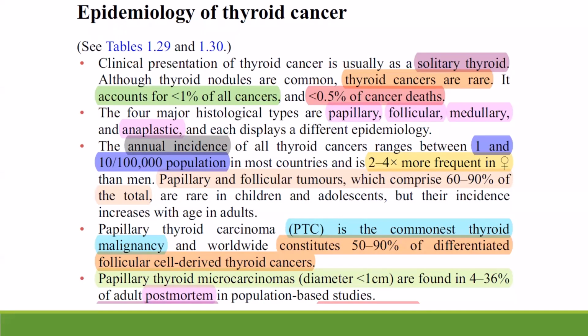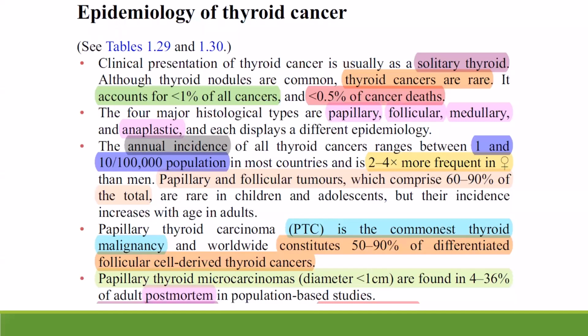We have types of cancer: papillary, follicular, medullary, anaplastic, and thyroid lymphoma. The incidence is about 1 to 10 per 100,000 population, and of course the risk of thyroid cancer is increased in females. Papillary and follicular thyroid cancer, known as differentiated thyroid cancer, represent about 60 to 90% of total thyroid cancer.